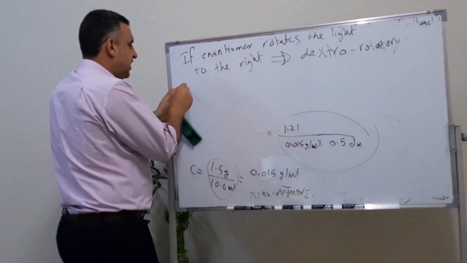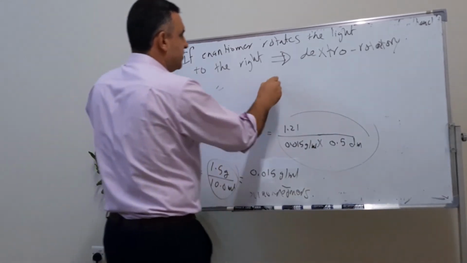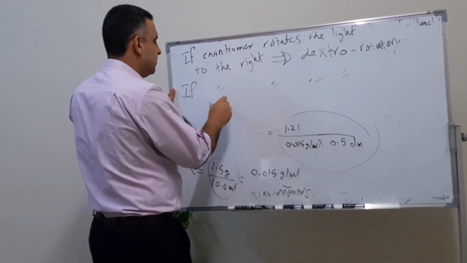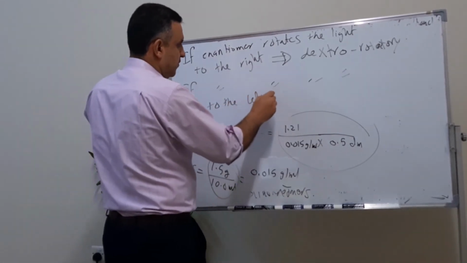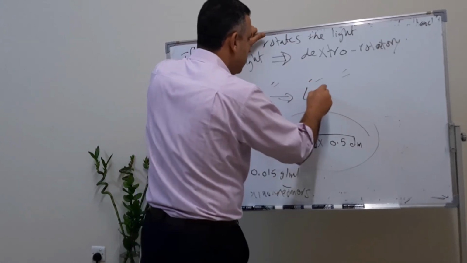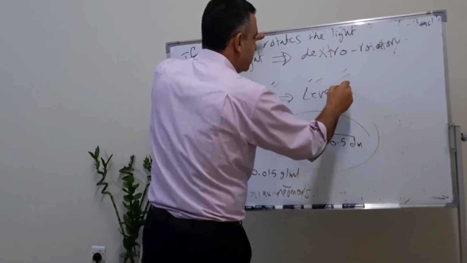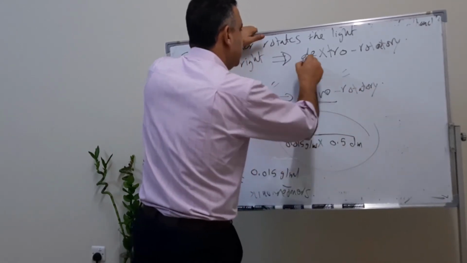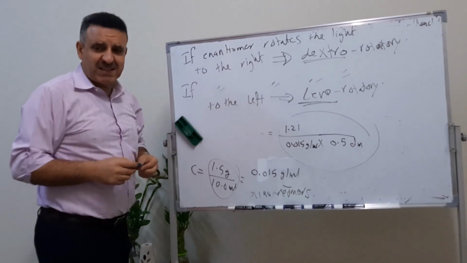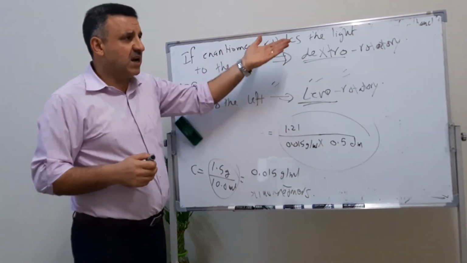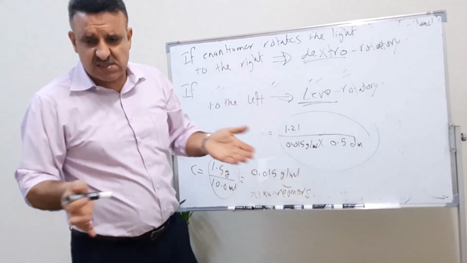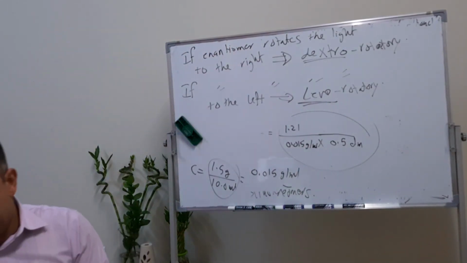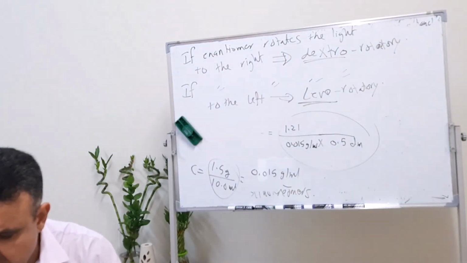Similarly, if the enantiomer rotates the light to the left, we call it levorotatory. The levo and the dextro are just Latin words. Dextro means right and levo means left. This is simply what we use in this type of properties, levo and dextro.